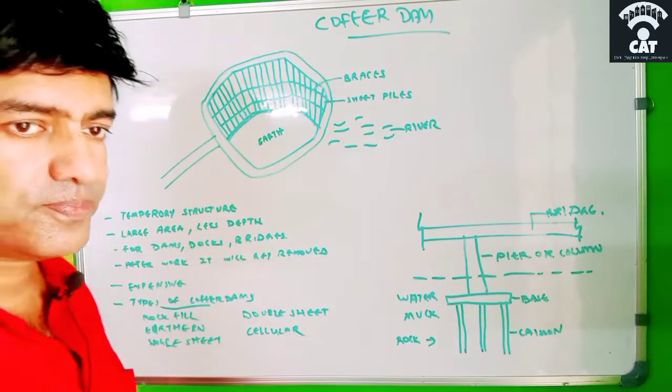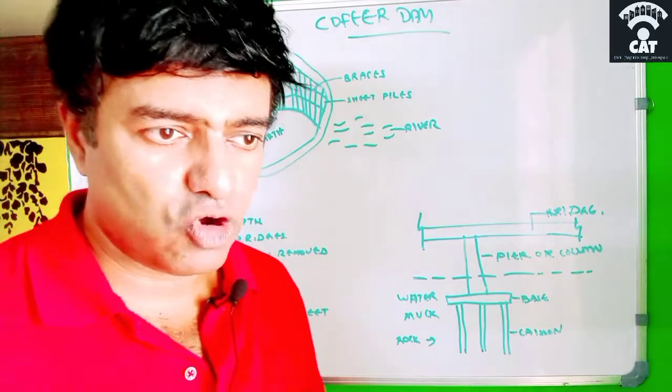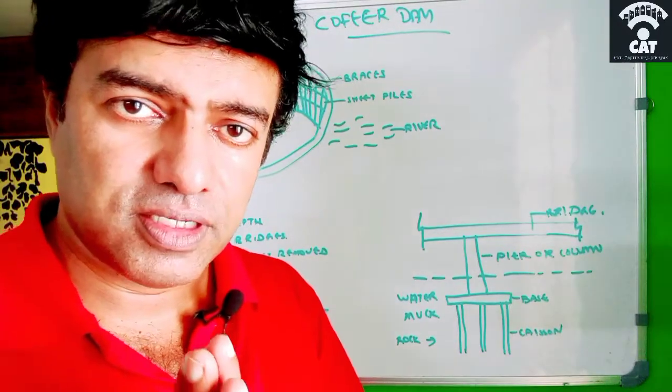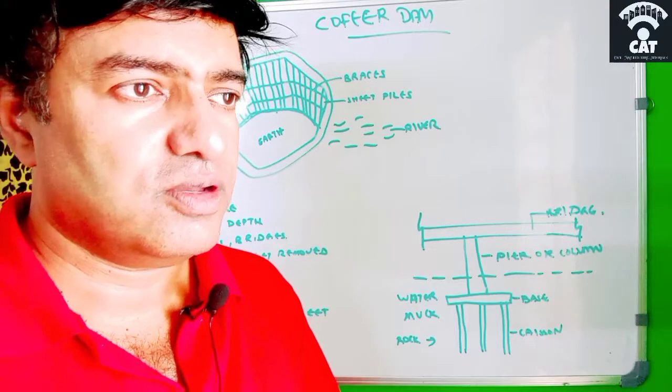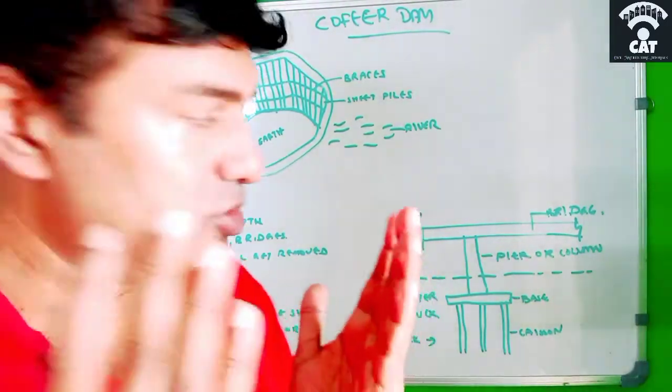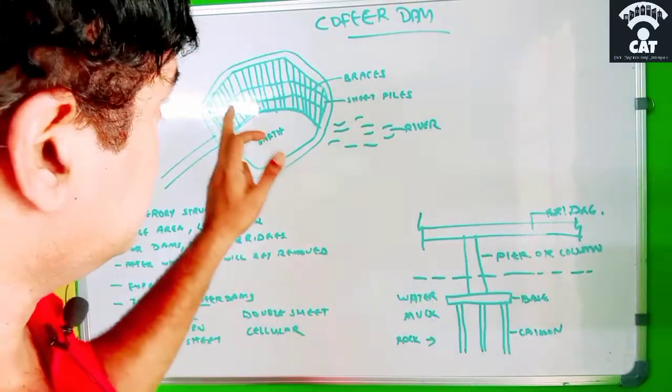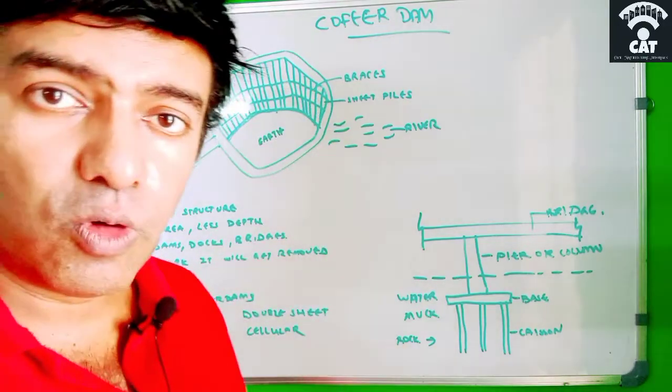They build the Cofferdam as a kind of structure of sheet piles, which they join together by bracings, like these bracings, and also weld together.